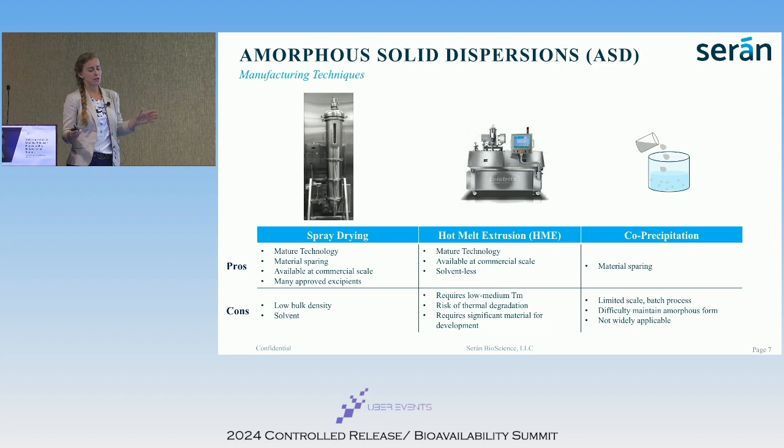Okay, I'm not going to go through this in great detail, but when you do decide you need an amorphous dispersion, it's also useful to think about how you select the technology to produce that amorphous dispersion. Spray drying is one option, HME is another, and co-precipitation is one that we would all love to do, but it rarely works. Although with some of the more complex molecules being produced, this might become a viable approach in some instances.